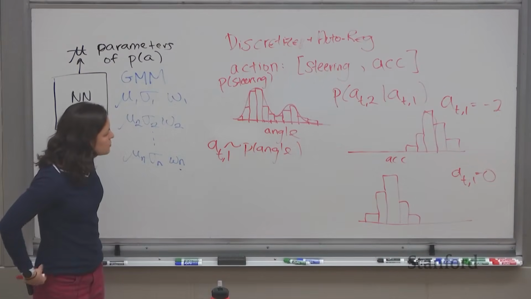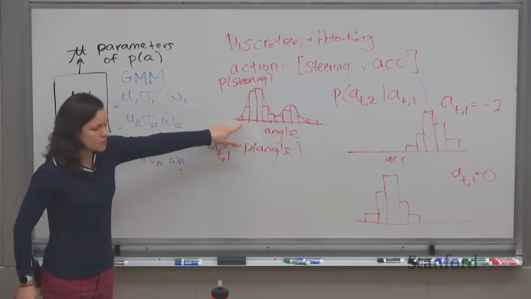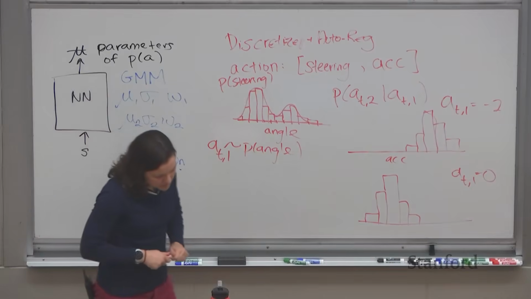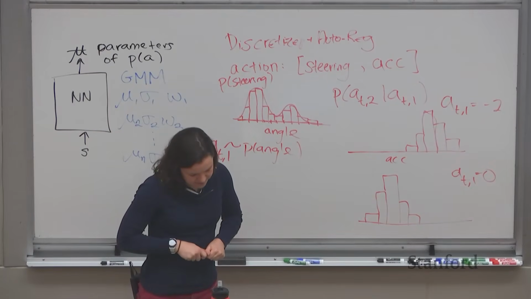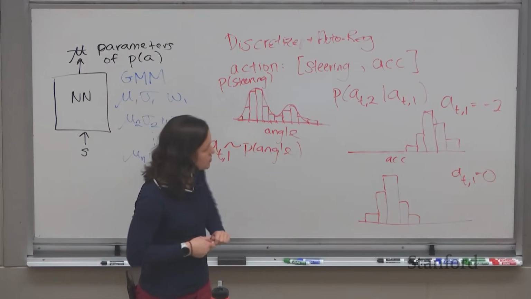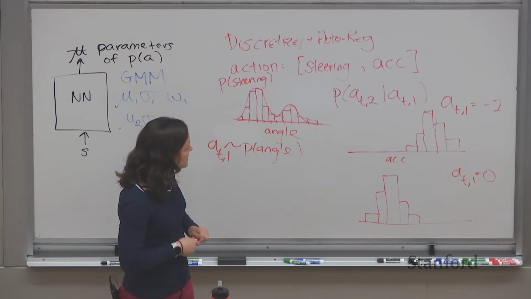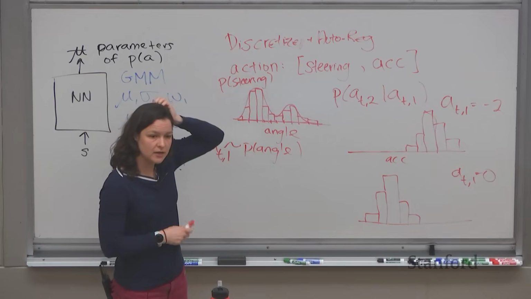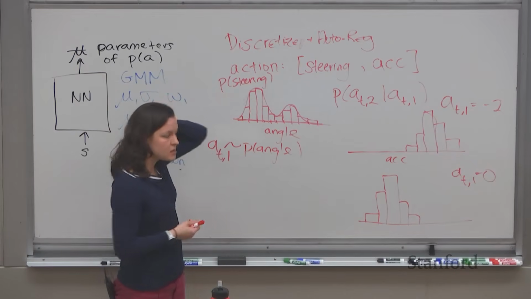Yeah, so the question is, how do you build your training data when you are discretizing like this? When you build your training data, you'll have the state-action pairs, and you'll be sampling state-action pairs.